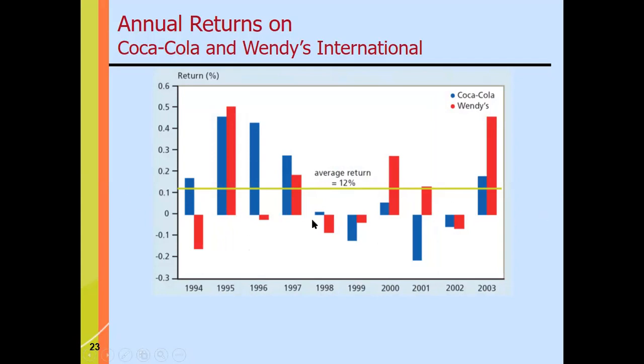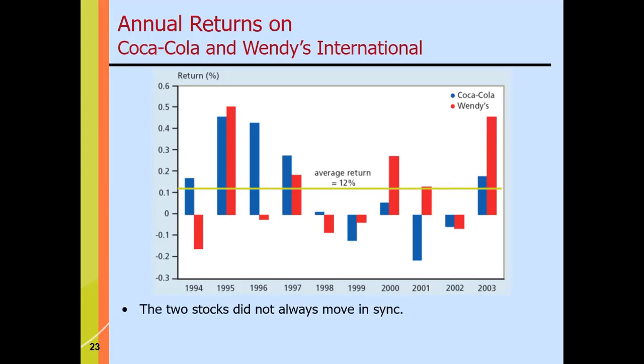By combining the two, by the diversification concept, we can manage the returns as well as the risks so that we'll still have positive returns. So that's the concept again of diversification.